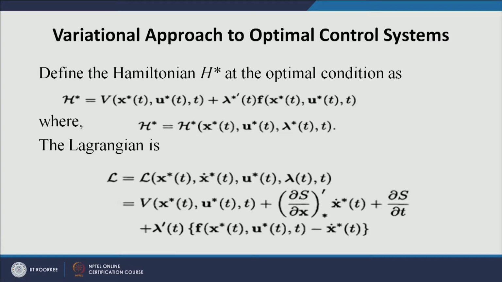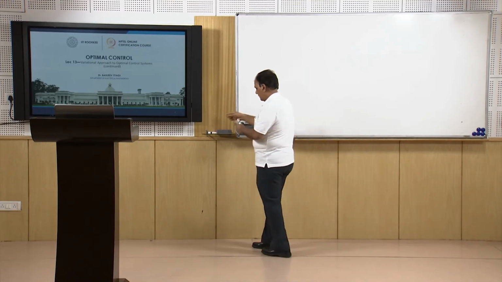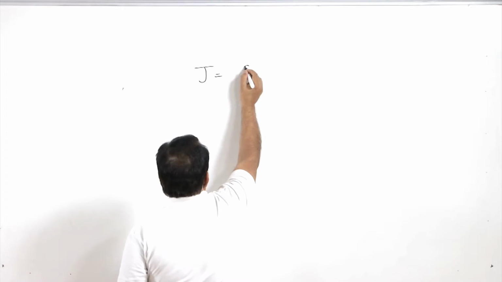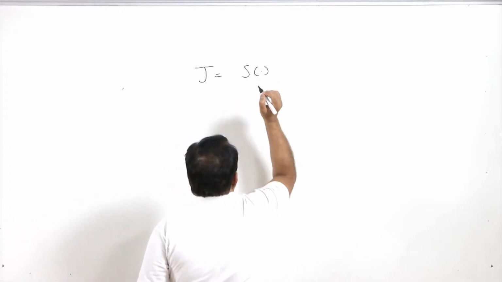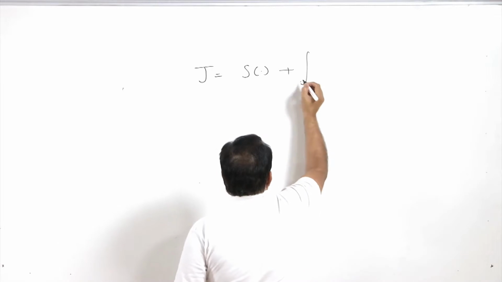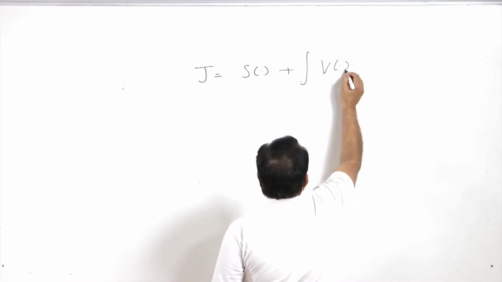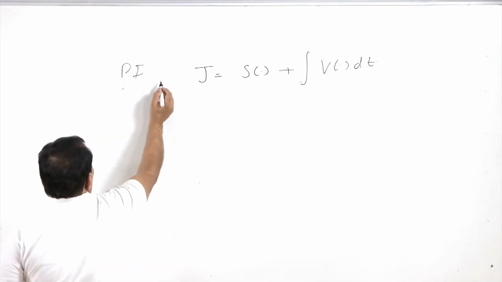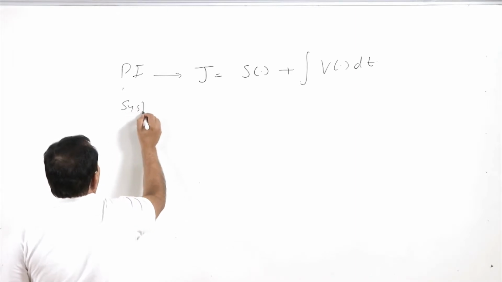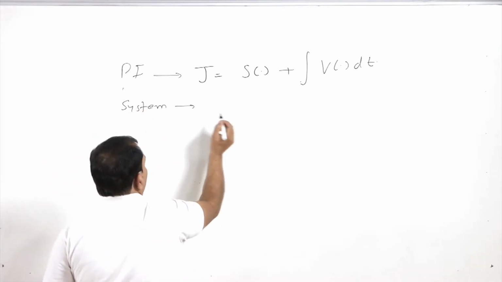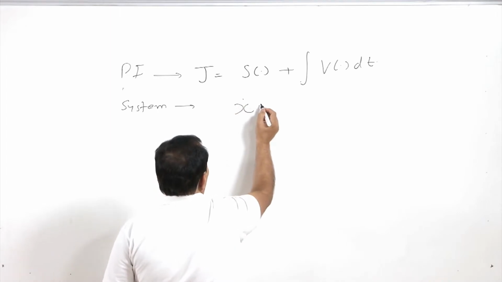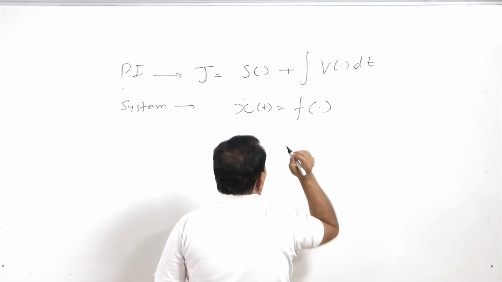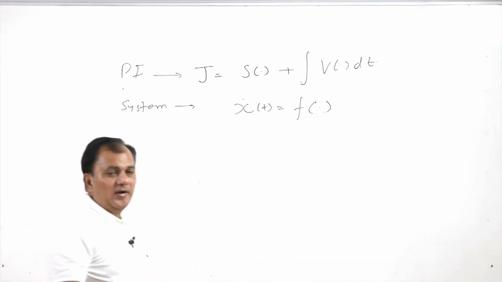So, what actually we have considered, from my J which we have defined as the terminal cost plus integral of v dt, this was my performance index, and my system was x dot t equal to f, which is f of x u t.